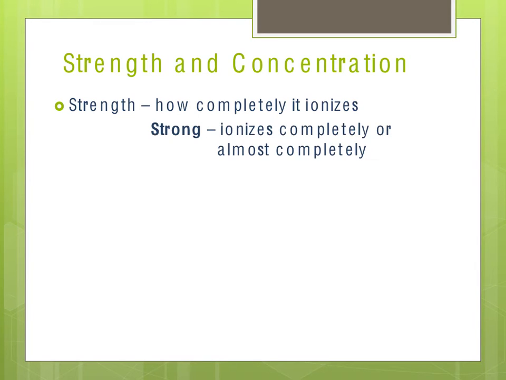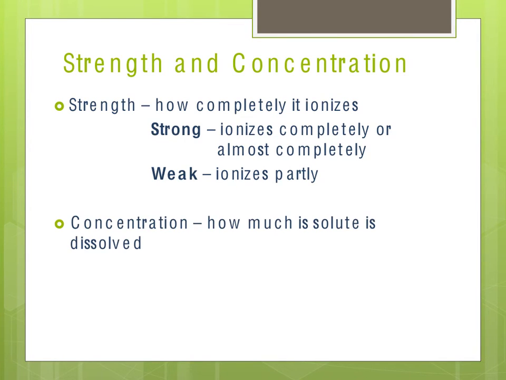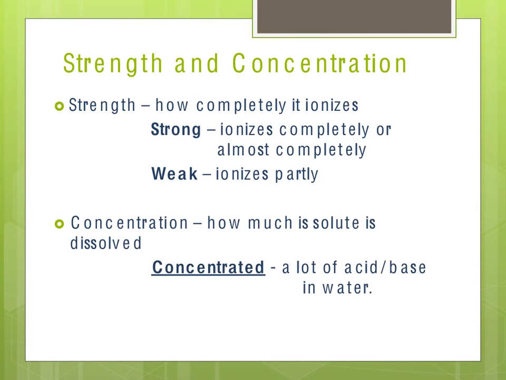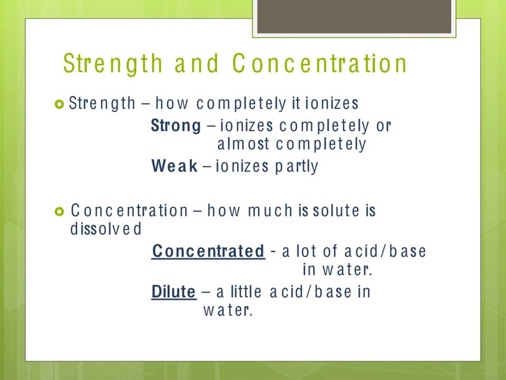So, strong completely or almost completely ionizes. Weak only ionizes partially, whereas concentration is how much solute is dissolved in your solution. A concentrated amount is going to have a lot of acid or base in water, and a dilute amount will have only a little acid or base in water.